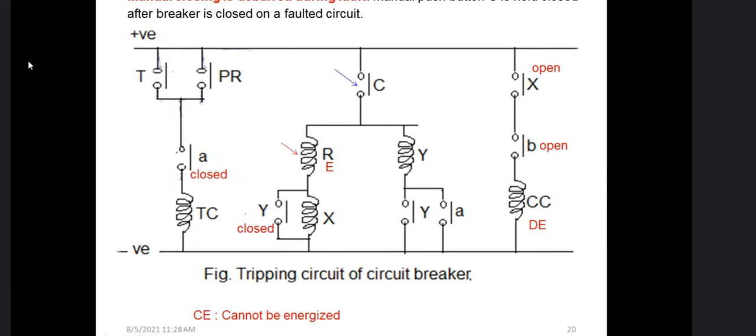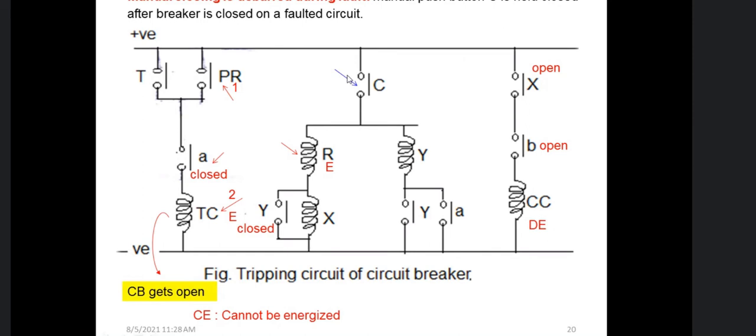Now when that A contact is closed, this PR is energized, so the trip coil is energized, so the CB gets open, that's fine.